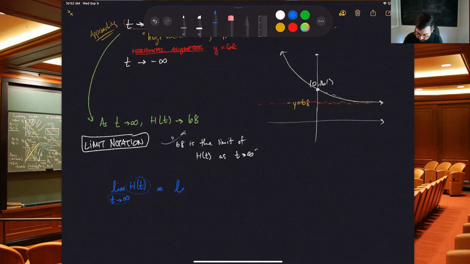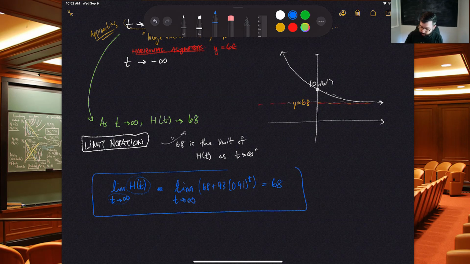Or you could even write it as the limit as t approaches infinity and use the formula for h of t, which is 68 plus 93.91 to the t. This is equal to 68. This is how we would say this symbolically.